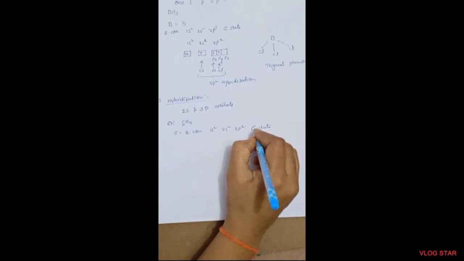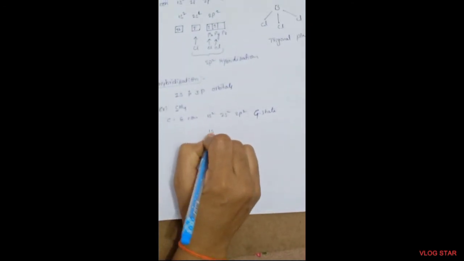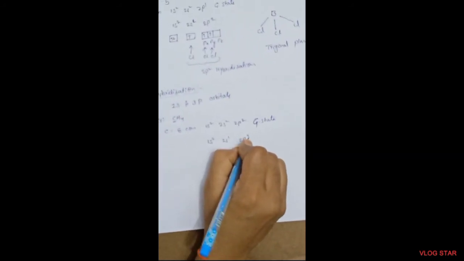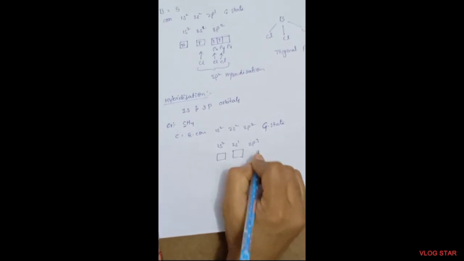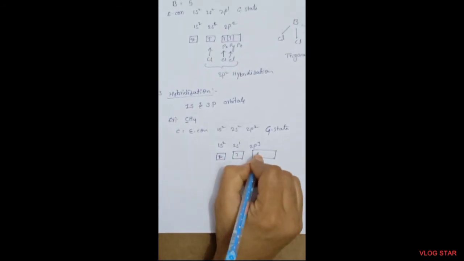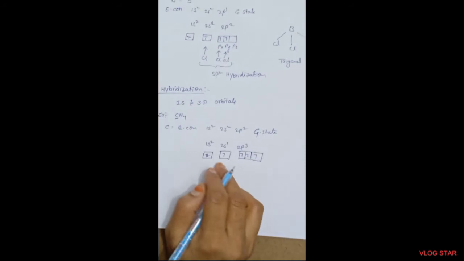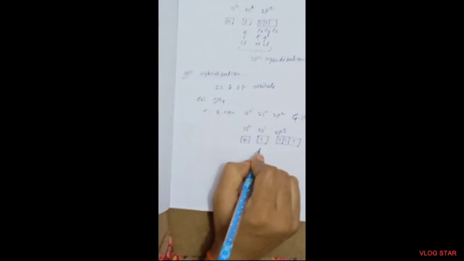When it goes to the excited state, a higher energy level, the configuration changes to 2s1, 2p3. Here it is full filled, and this is half filled. These 4 half filled orbitals overlap with the hydrogen atoms.